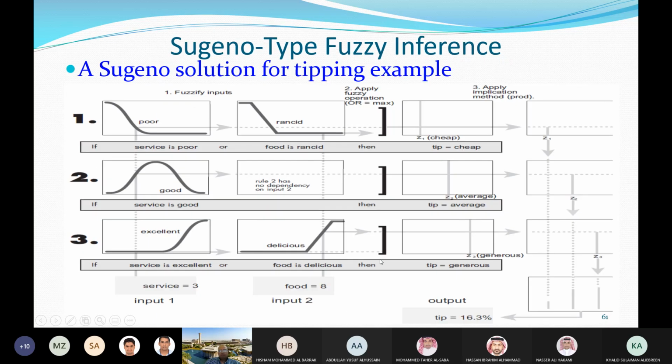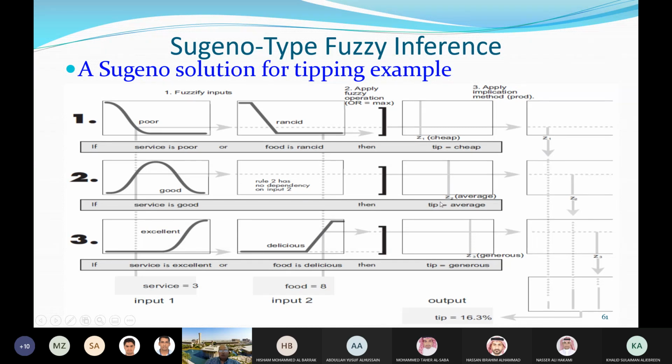So assume, as was asked before, the first rule has a constant value. If this and this, then the tip is 10% or 5%, and the tip has a numerical value. This is cheap, and cheap means 10%, for example.